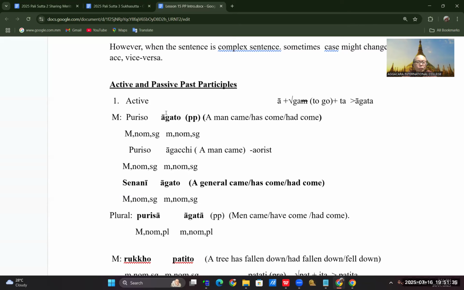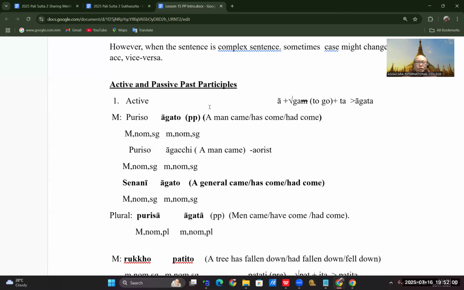So puriso agato, PP. Agato is the PP, coming from agata. The a of ta changes to o to follow the o. So puriso is o, so agato should be o. Puriso is masculine, nominative singular. So agato should be masculine, nominative singular because they must follow each other.